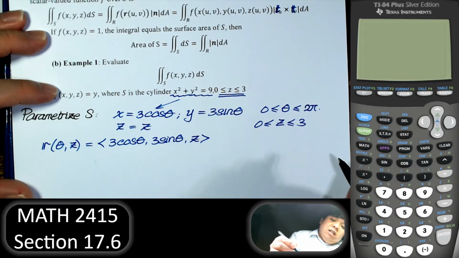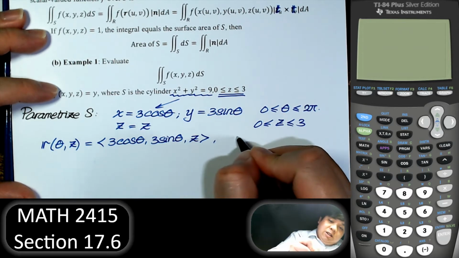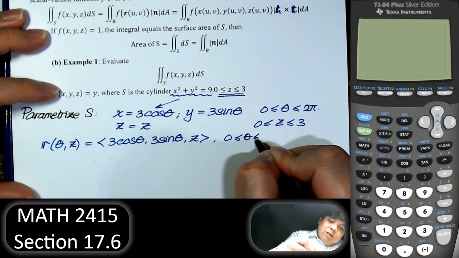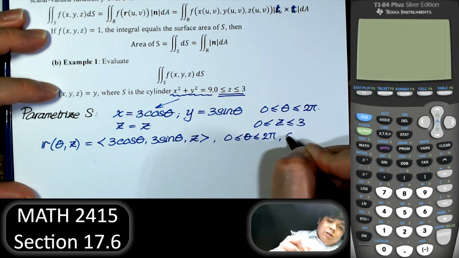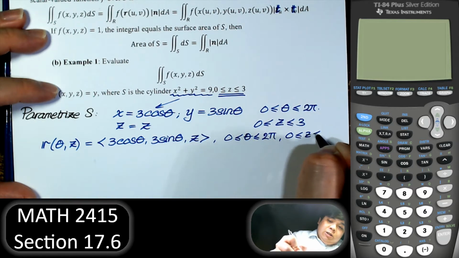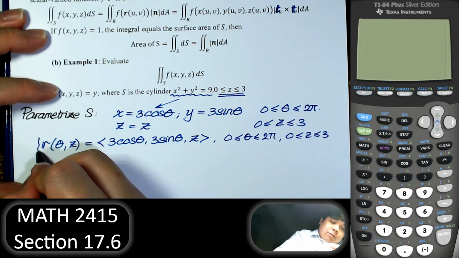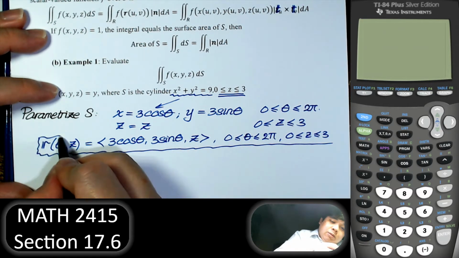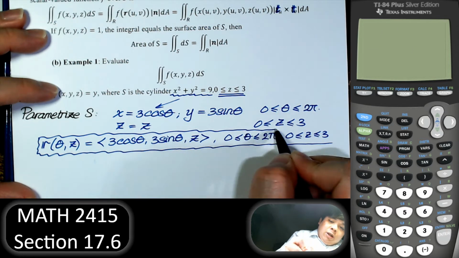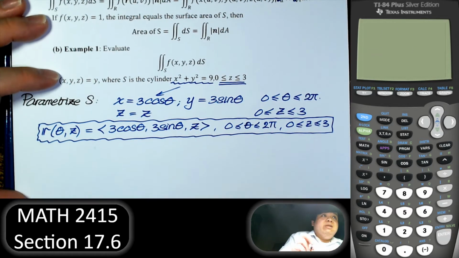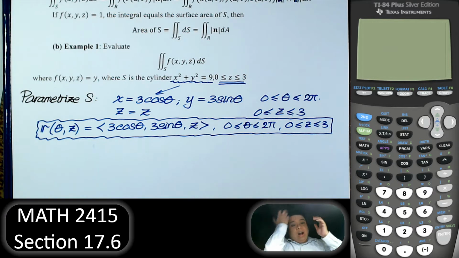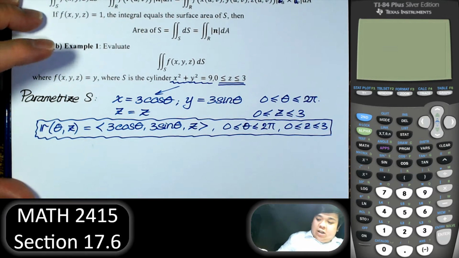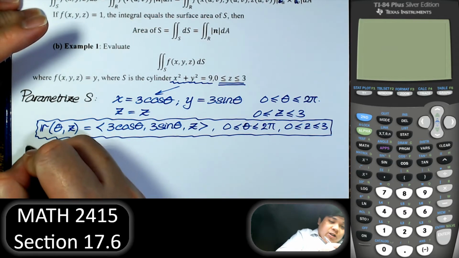And those are the limits. Right, so we have to parameterize the surface. Next we have to write everything in terms of these parameters.